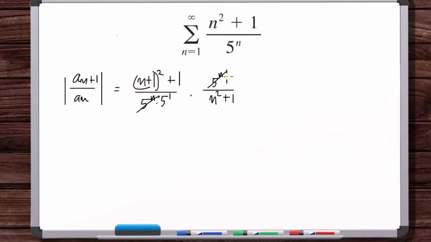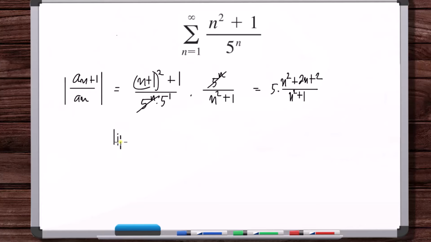Expanding this out, we've got n squared plus 2n plus 2 over n squared plus 1 with a 5 out front.